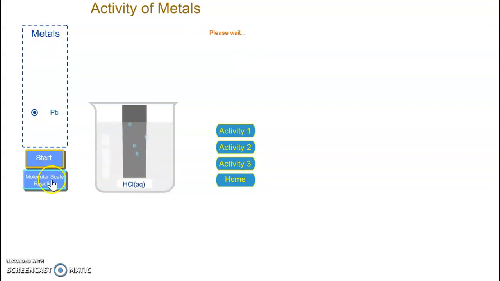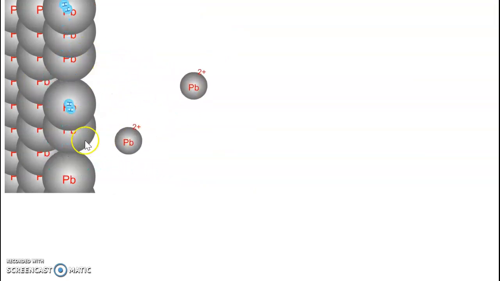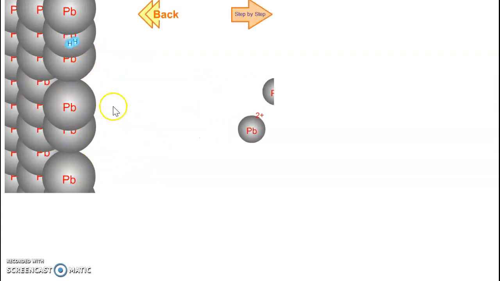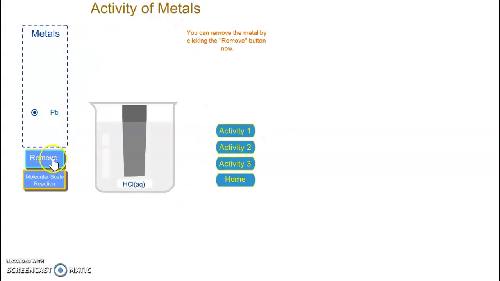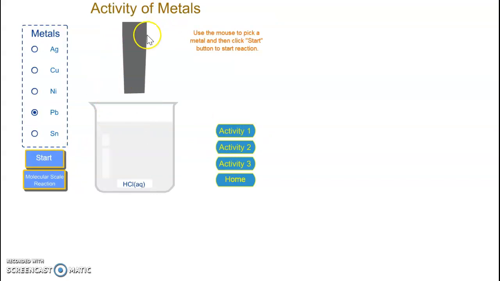Woohoo, more bubbles. Again, molecular scale here. You can see that lead is a much bigger element. Here again, it's going to create all these ions when it interacts and creates H2 gas. That's H2 gas are the bubbles that we're seeing. Okay, and when it's removed, you can also see that there's a decrease in size.